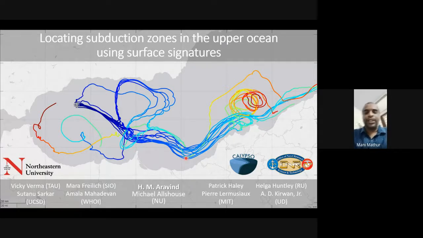It is part of the seminar series of the Research Initiative Geophysical Flows Lab at IIT Madras. We are happy to host Aravind today for his seminar on locating subduction zones in the upper ocean using surface signatures.